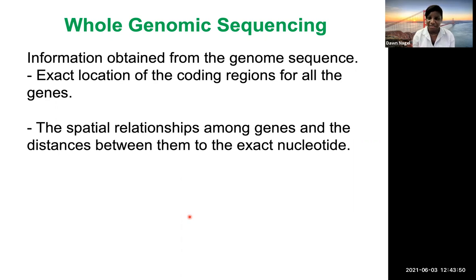You can get single nucleotide changes in the genome by sequencing the whole genome, because you're sequencing every single nucleotide present within that genome. You can also get information about the relationship among genes: how compact that genome is, how many genes are present, how close to each other they are, what the length of the genes are, how many introns they have, and how long the introns are. So you can really get a good sense of everything that's within the genome of an organism.